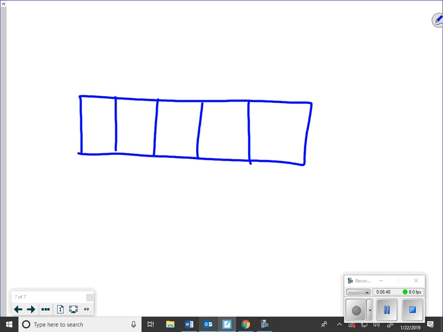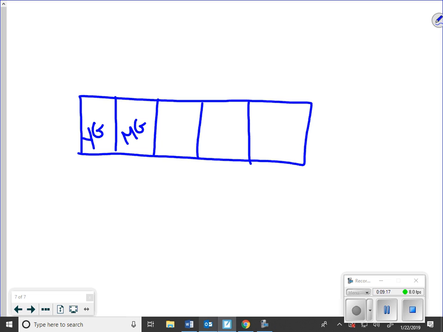So youngest grandchild got 1/5. And his middle grandchild, 1/4 of the remaining. Here's the remaining. 1, 2, 3, 4. So middle grandchild got that. 1/4 of the remaining. Looking like yours so far. May not be labeled the same, but there we go.